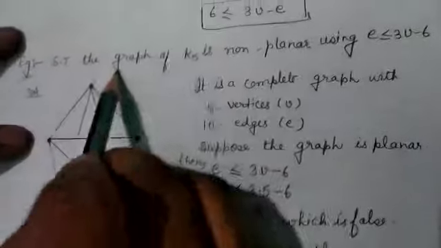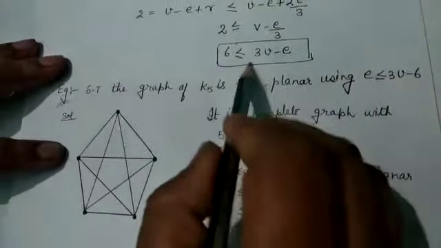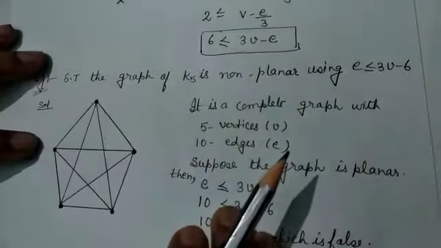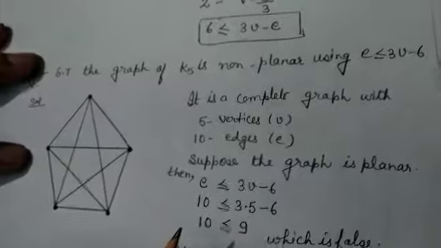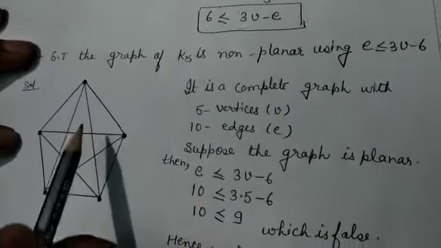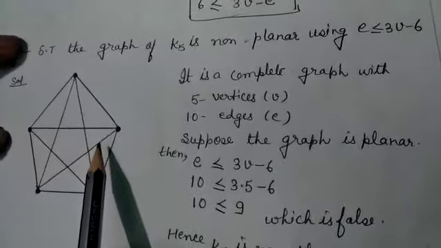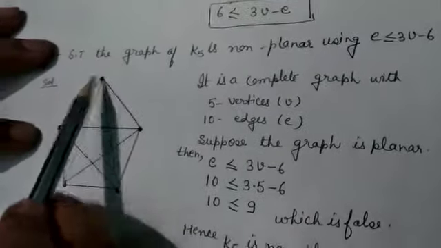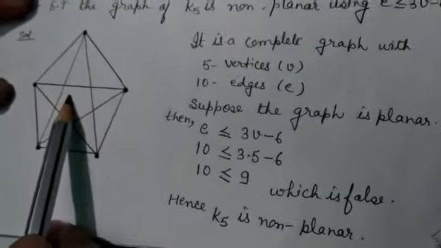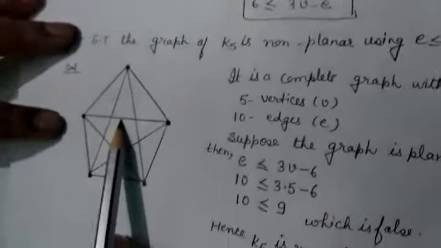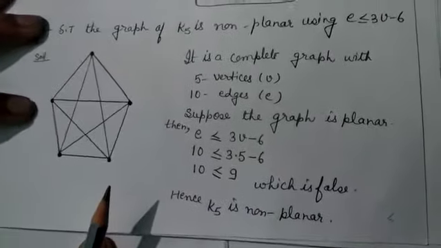Show that the graph K5 is non-planar by using this formula. So here we have the graph K5, which is non-planar. This is a complete graph with 5 vertices: 1, 2, 3, 4 and 5. And the number of edges here is 10. Suppose the graph is a planar graph.